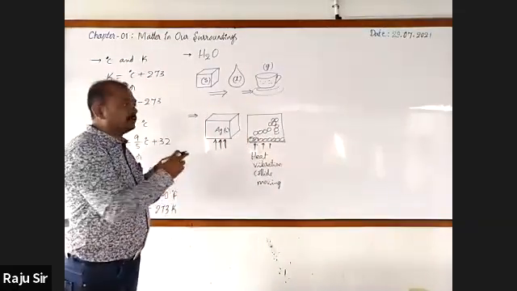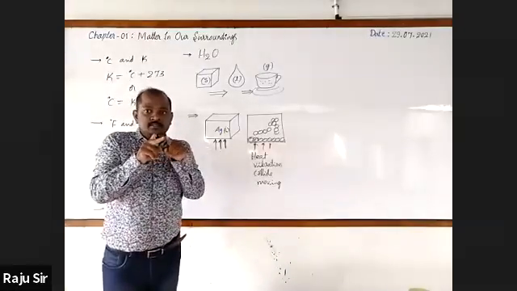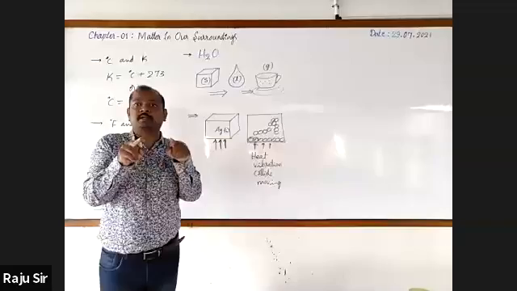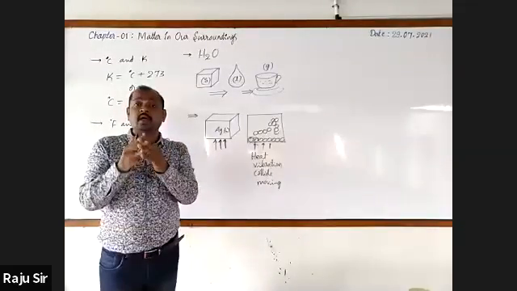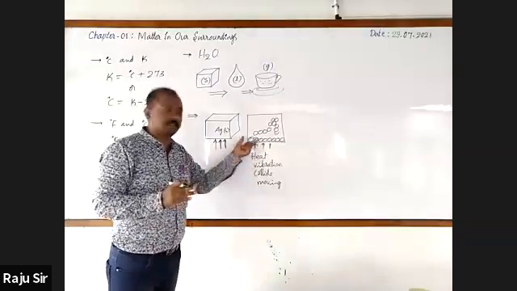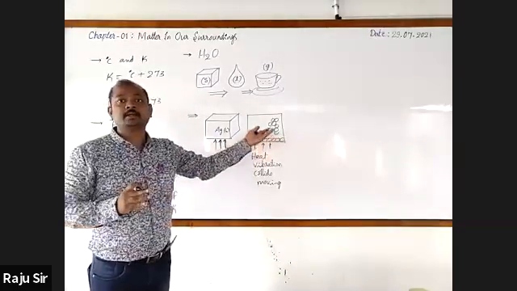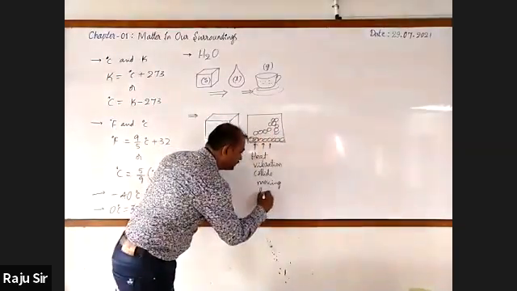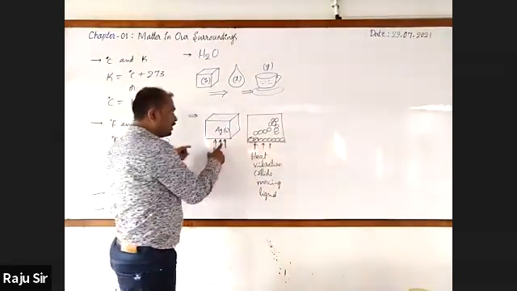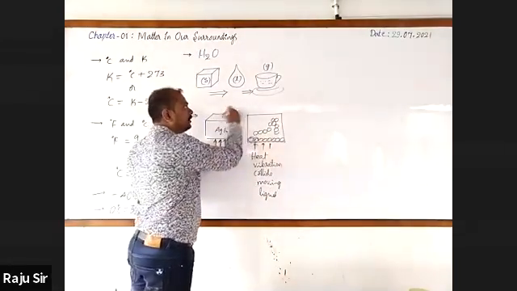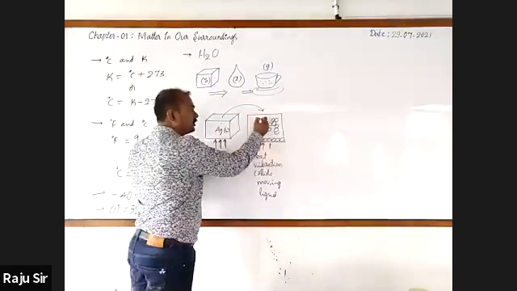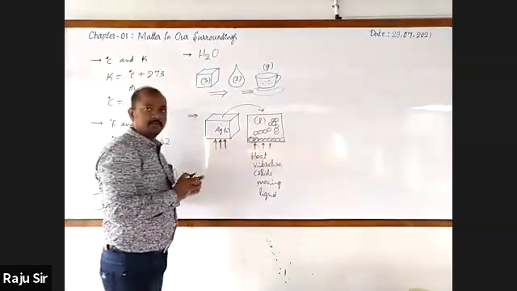Then the distance between them goes on increasing. That means the kinetic energy of the particles goes on increasing. At one stage, these particles become the particles of liquid. So this is how solid is converted into liquid.